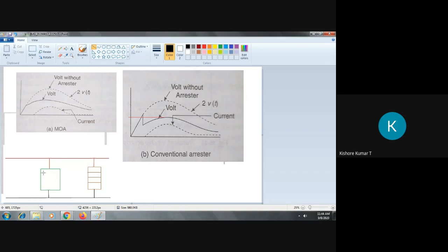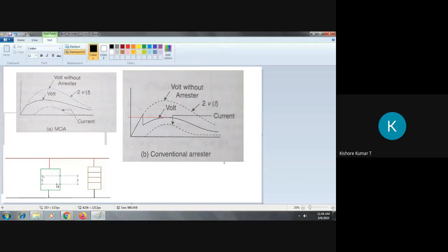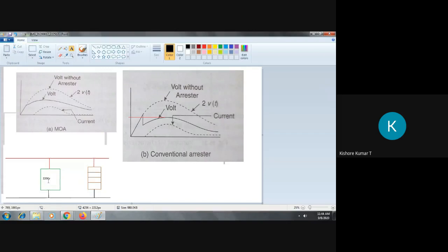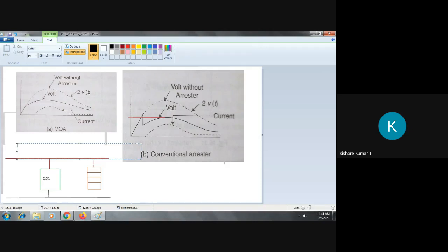Suppose the crest value of voltage is some 220 kV for this equipment. ఈ ఎక్విప్మెంట్‌కి 220 kV వోల్టేజ్ క్రెస్ట్ వాల్యూ అని అనుకుంటే, next if the line voltage is only 110 kV, line is operating at 110 kV, let us assume.